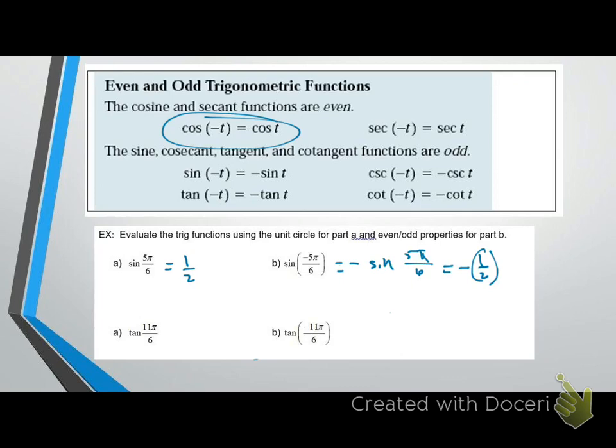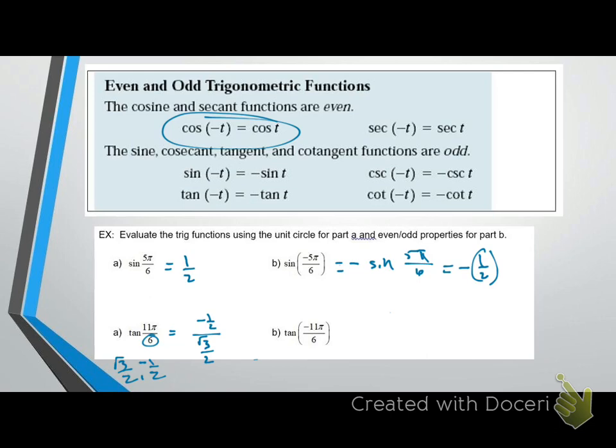Tangent of 11 pi over 6. Again, our denominator is 6. That means our coordinates are going to be radical 3 over 2 and 1/2. Now, 11 pi over 6 is just short of 2 pi. That's going to put us in quadrant 4. Since it's going to put us in quadrant 4, then our y coordinate is going to be negative. Right? So that means that tangent is just going to be the y over the x.